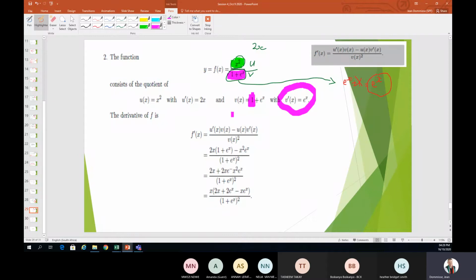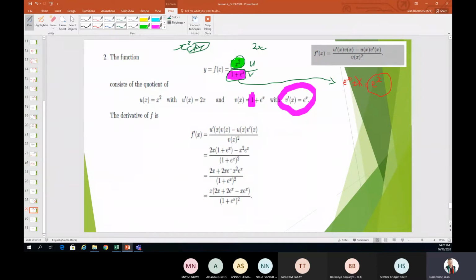But the same, if it was at the top, you would have done exactly the same and said, well, that's going to be 2x, that is going to be 0 because that will fall away.